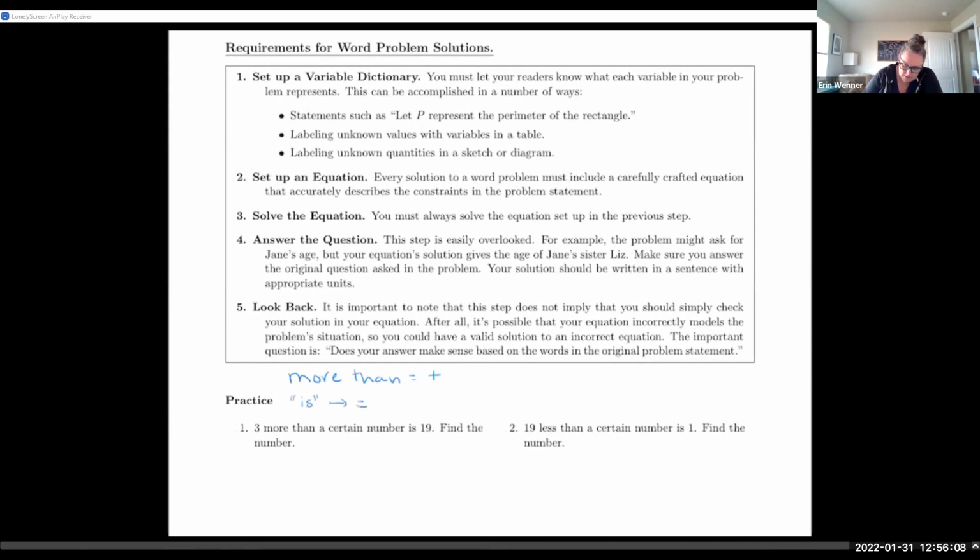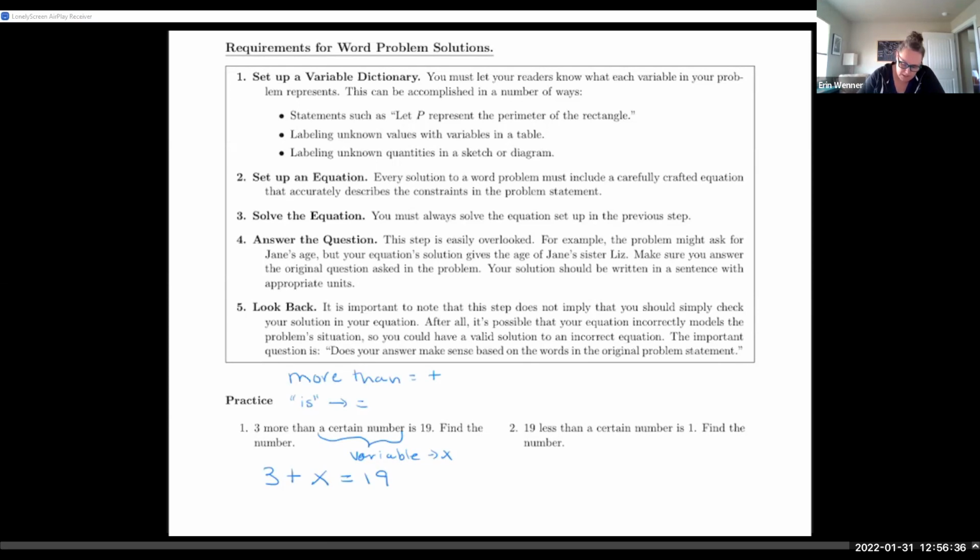So if we read this, 3 more than a certain number, and that's your variable. And let's just use X because it's everybody's favorite. 3 more than a certain number, X, or the variable, is 19. And then it says find the number. So we're diagramming the sentence here by writing it out as an equation.